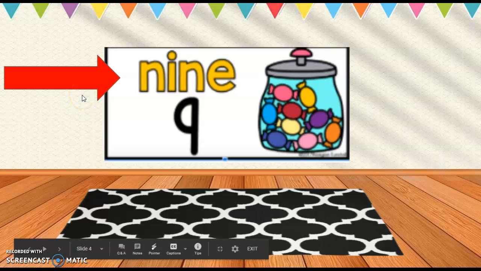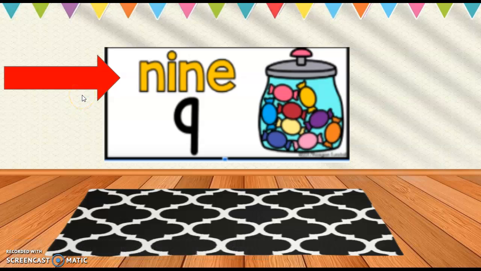So just like yesterday when we had a word for the number 8, we also have a word for 9, okay? So this is the word 9 in word form. Can you say 9? Let's spell the number 9. N-I-N-E. 9.